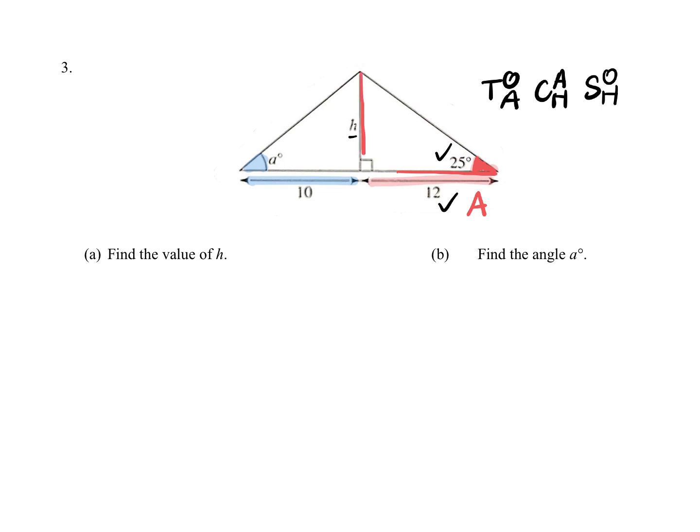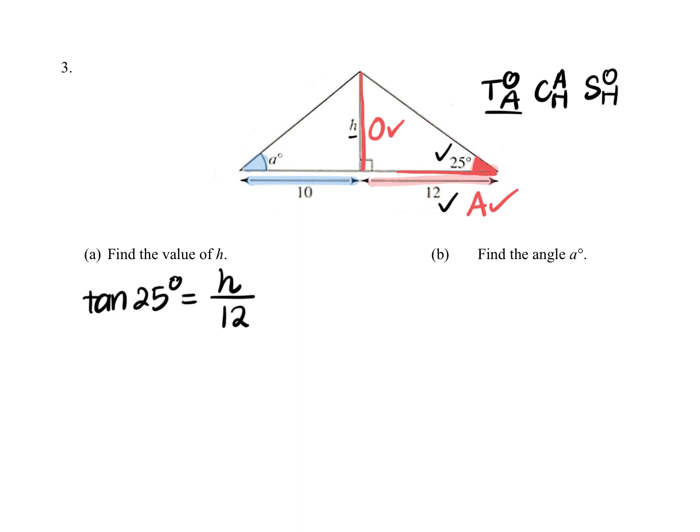I must find this side, so this is my opposite, O. So O and A tell me I need to use the tangent ratio. Tangent must go with the angle. The angle is 25 degrees. TOA: tangent equals O over A, so tan 25 equals the letter H over the number 12.